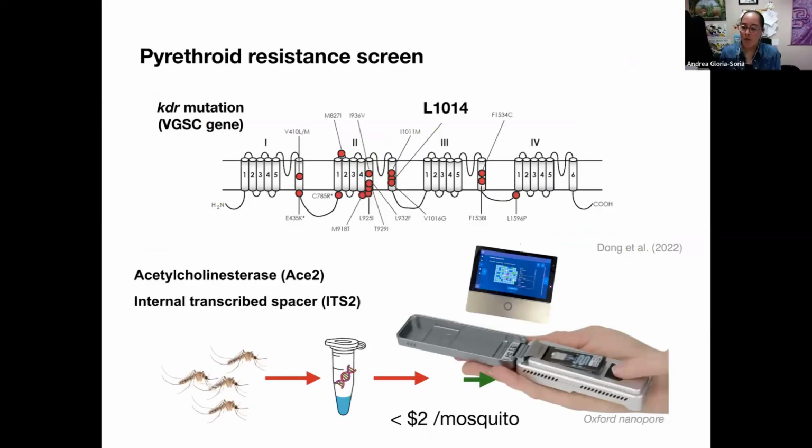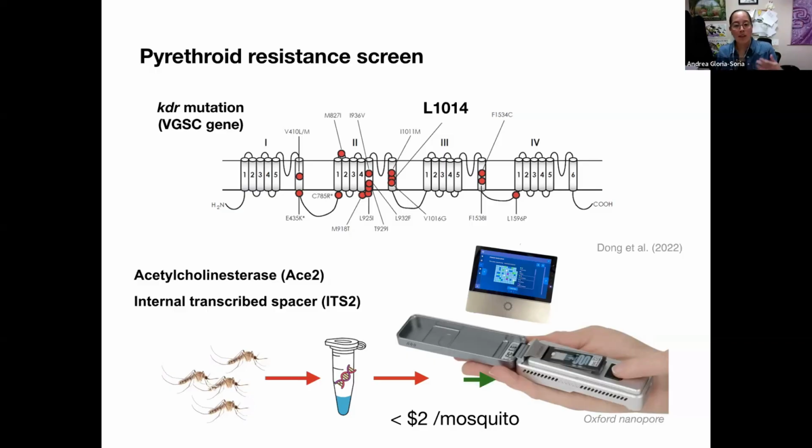Also, what we expect to ultimately get from this analysis is to identify those loci related to pyrethroid resistance so that we can incorporate them in a genotyping platform that could be performed at low cost and paired with species identification loci.